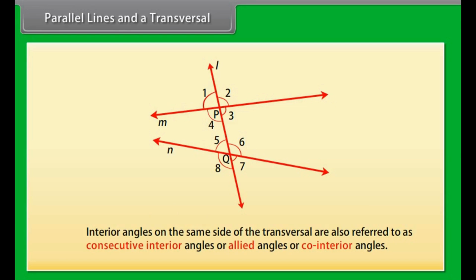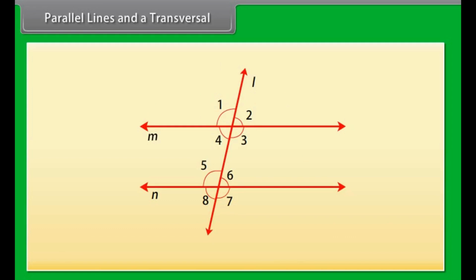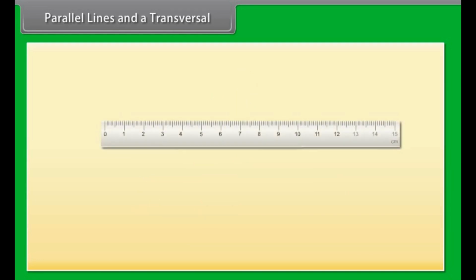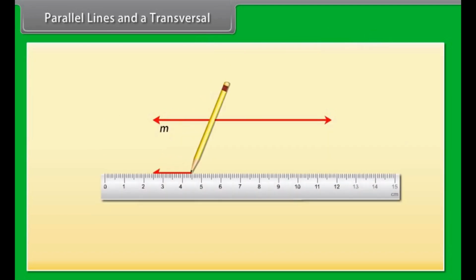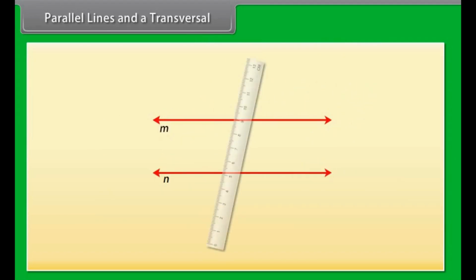Now let us find out the relation between the angles in these pairs when line M is parallel to line N. So, with ruler and pencil, draw two parallel lines along any two of these lines and a transversal to intersect them.